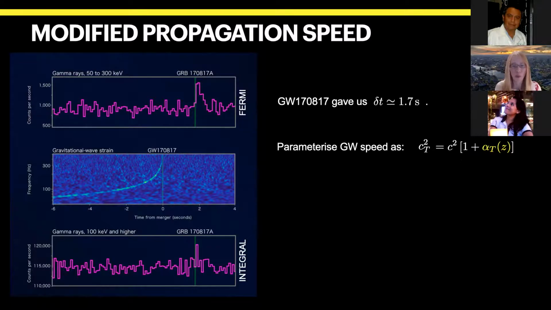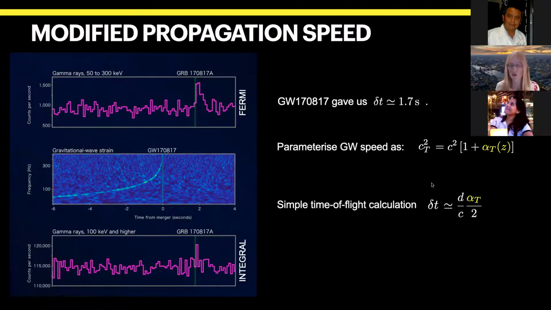So what we're doing here is we're considering that the gravitational wave signal and the EM signal set off at the same time, and they run a race basically over the 40 megaparsecs between the source and the Earth. And if they had very different speeds, they would have to arrive at Earth at a much bigger time interval than that 1.7 seconds.